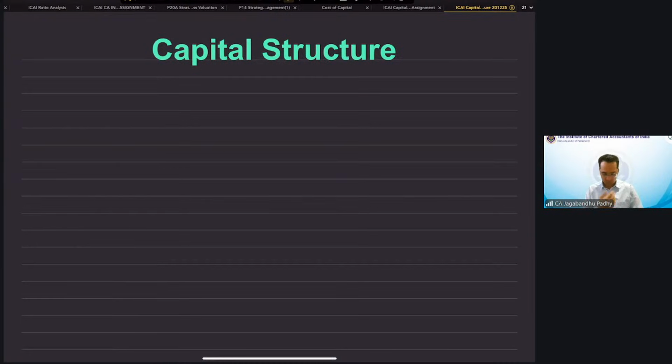Okay, now when we talk of capital structure, what do we really mean by that? That's simple.